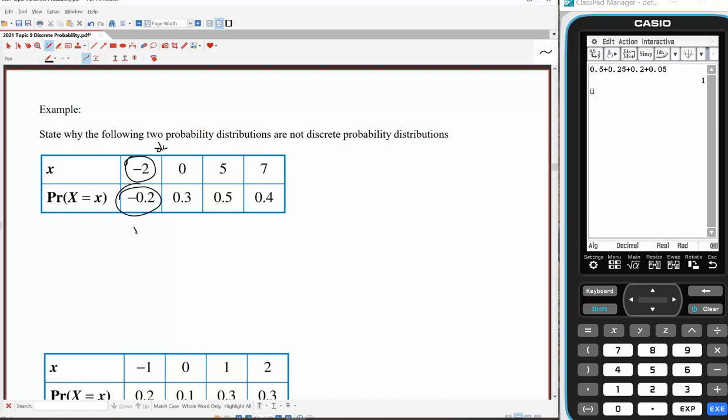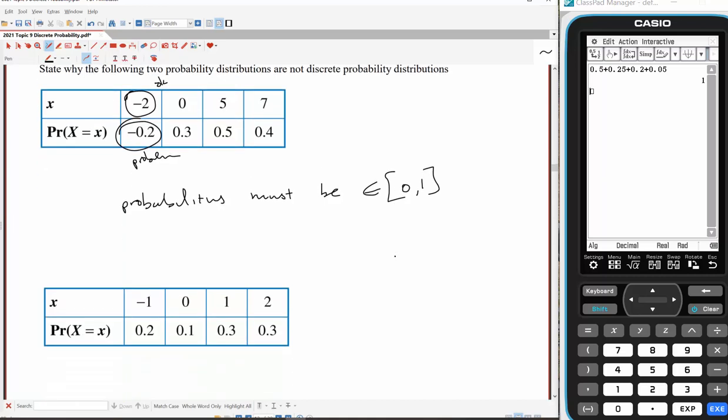So that is the problem. So we're going to say that probabilities must be an element of 0 to 1. Remember, we can get a 0, we can get 1, so that's perfectly allowed.